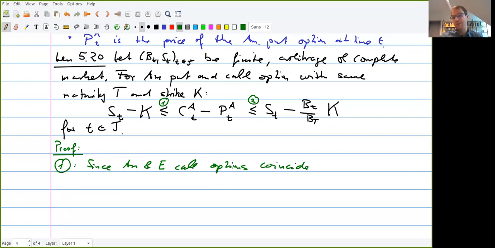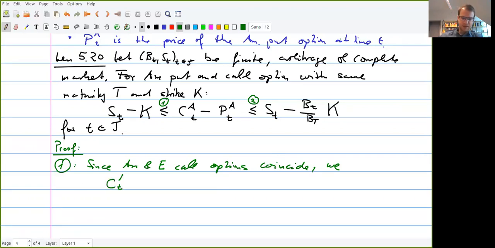If you remember, this is what we just learned: if you have an American call option, you will hold it anyway until the end, assuming a rational investor, so the options are the same. No one will exercise it before maturity time. And also the price of the American call option and the European call option are the same.